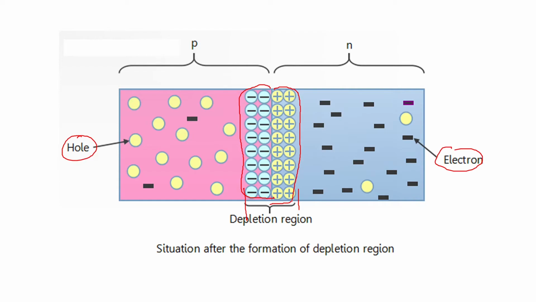So this is the situation formed, called the formation of the depletion region. Now this depletion region is not allowing the majority charge carriers to move. The diffusion that was taking place, that is the movement of electrons from n-type to p-type semiconductor and the movement of holes from p-type to n-type semiconductor, which was more in the beginning, will now reduce.